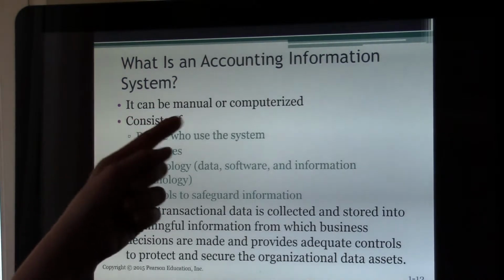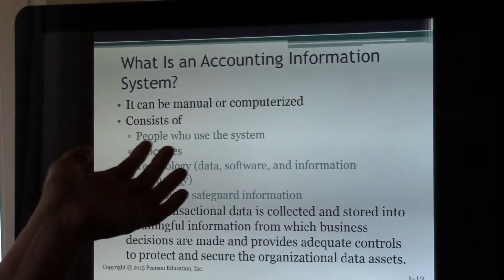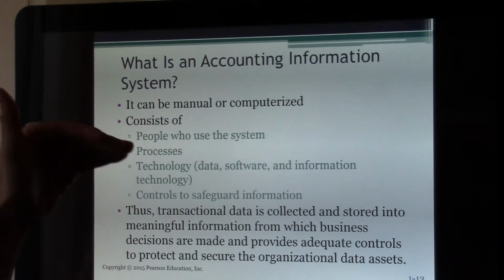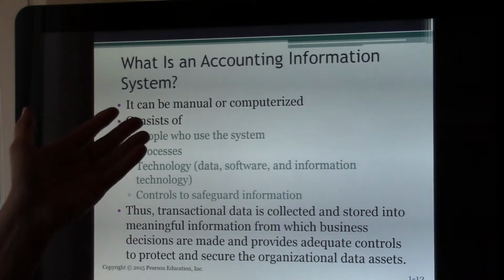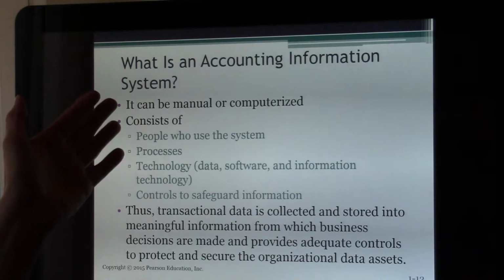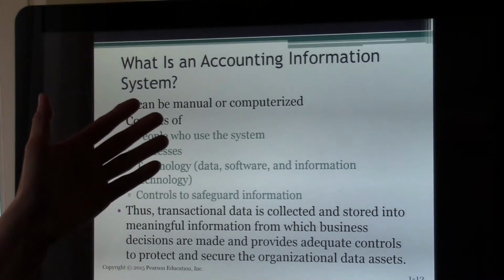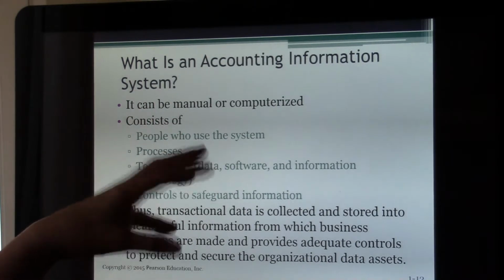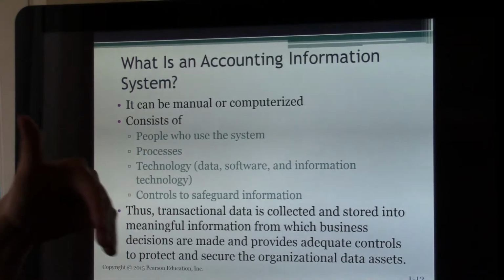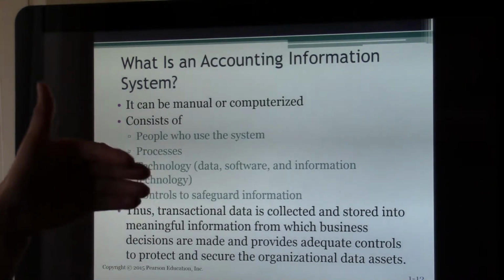A system can be manual or computerized. So when we start looking at systems and learning about systems, typically most of us think about a system as being on a computer, but really a system is just a system. It's a methodology. It's a way of doing things. So if we have a system for doing sales, that's our system for doing sales.